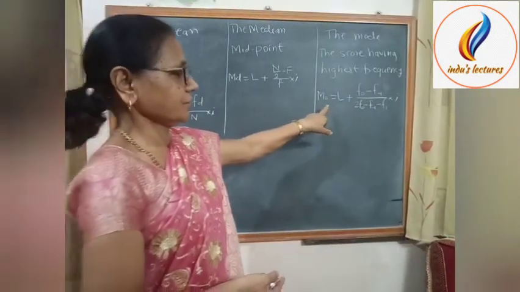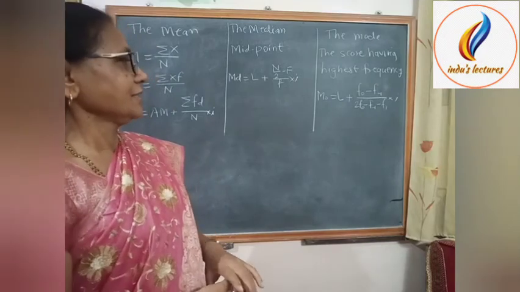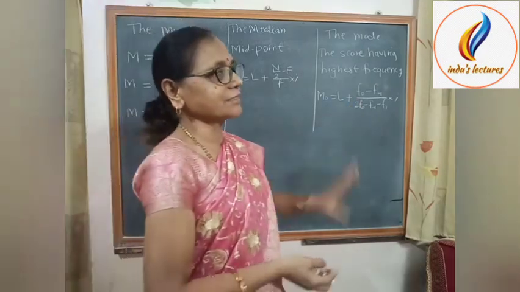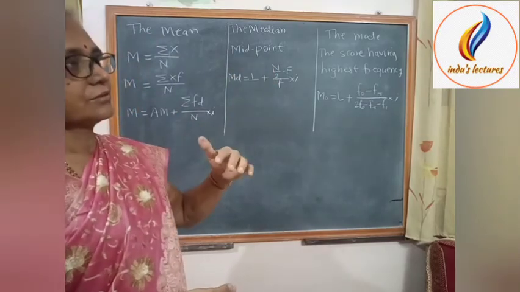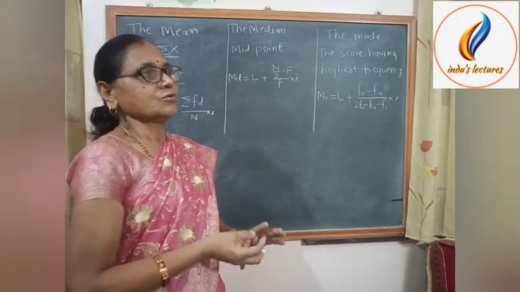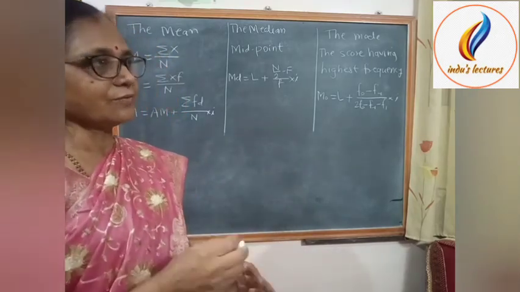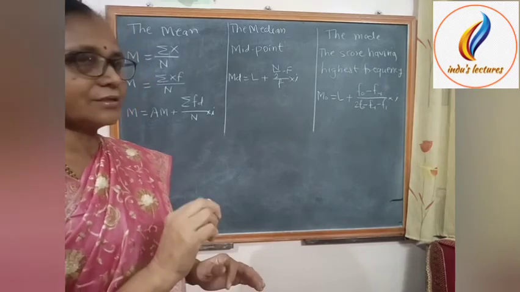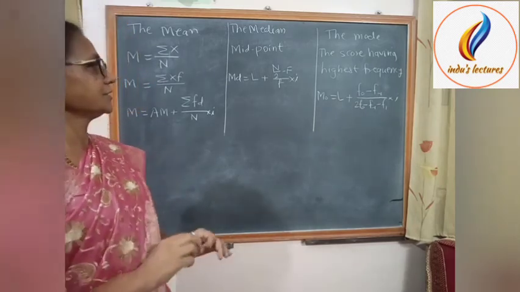When we calculate the mode from grouped data, then only frequencies are considered. The extreme scores are not considered, only the score or the class interval whose frequency is highest is considered.